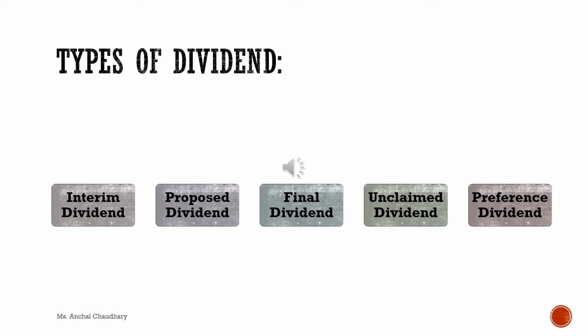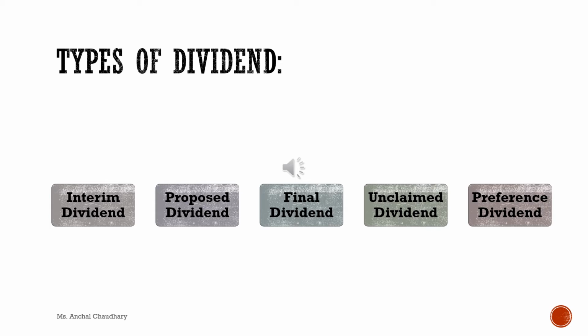So once they collect the dividend, then it will be considered as a paid dividend. And if they are not collecting that amount, until that time, it will be considered as your liability and it will be shown as unpaid dividend or unclaimed dividend on the liability side of your balance sheet.